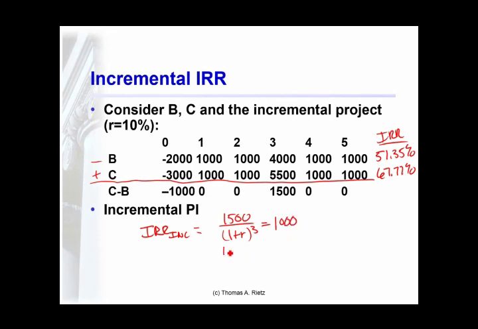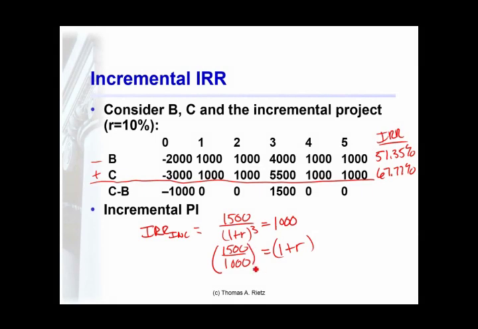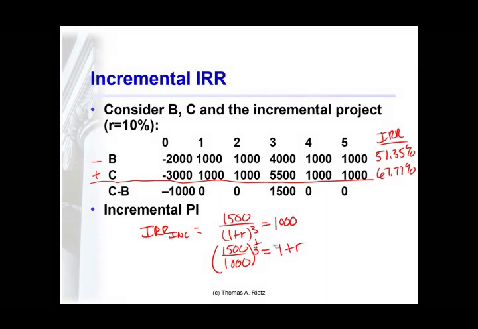I'll cross multiply. Then what we'll do is we'll take the third root. Then all we need to do is subtract 1 from both sides. And that's the interest rate.